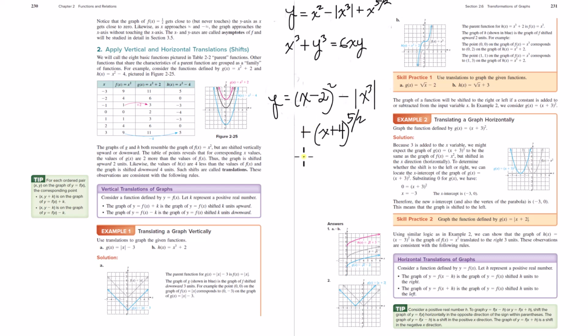You'll have to say this is a quadratic basic function that's been shifted to the right 2 units, subtracted from an untransformed cubic parent term contained within an absolute value, added to a positive fractional exponent parent term that's been shifted to the left 4 units. That's the best you can do. I don't know how you actually make sense of that in your head, but that's the best you can do.